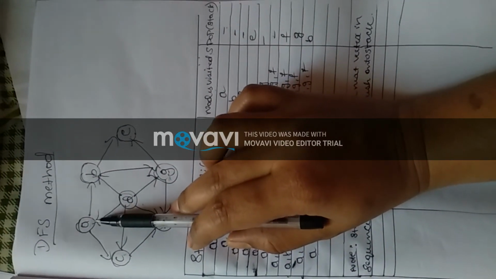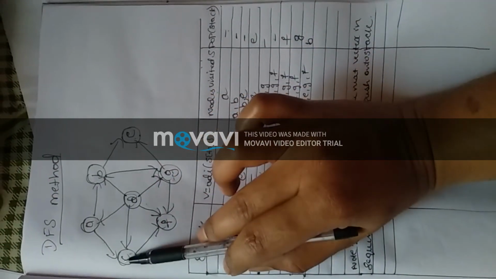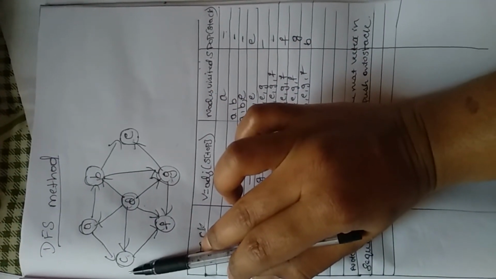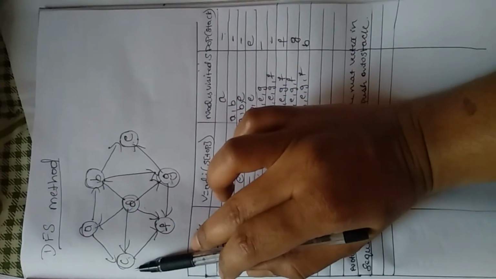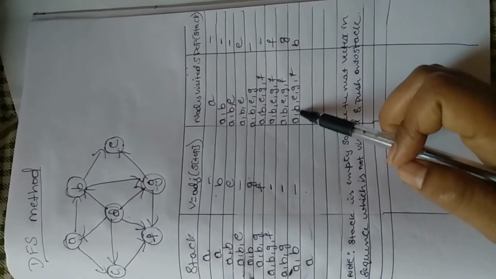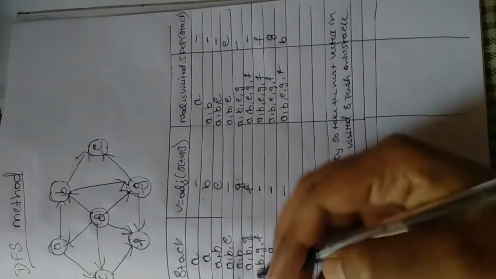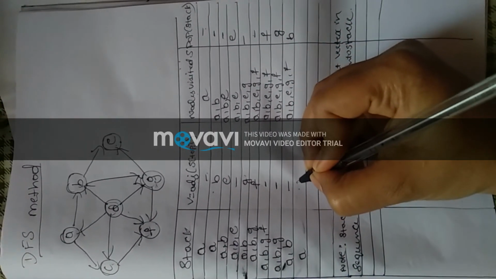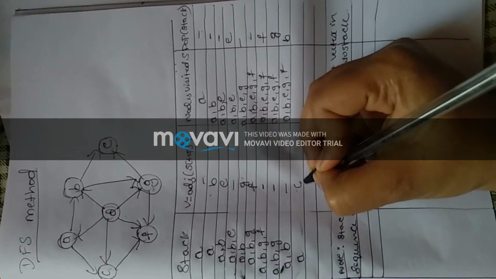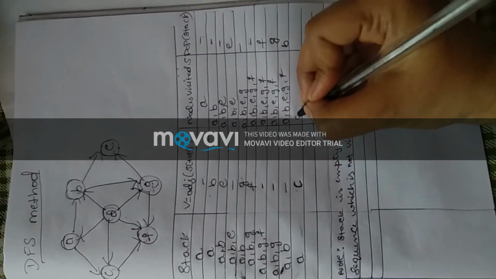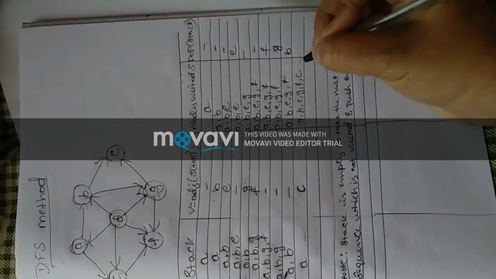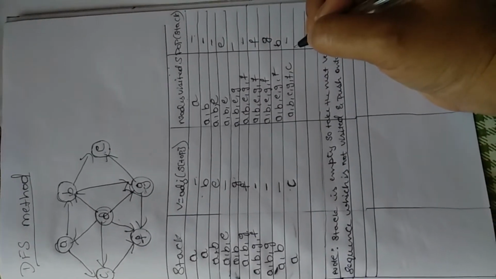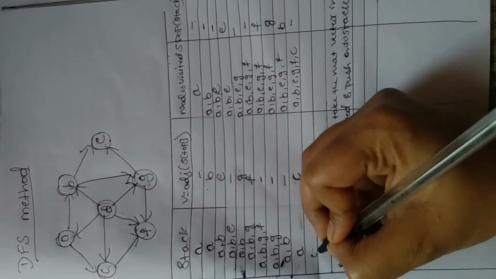A has two outgoing edges, that is from A to B, which is already done. Next is A to C. C is not visited; you have to check in the visited list. So the next adjacency vertex I'll take as C. Now nodes visited A, B, E, G, F. Now the new one is C. There is no vertex to pop. Now what will be on top of the stack?